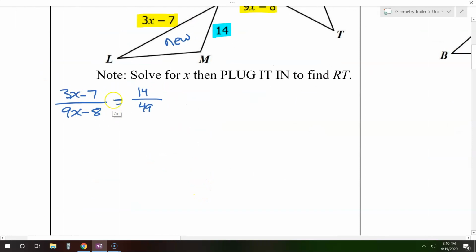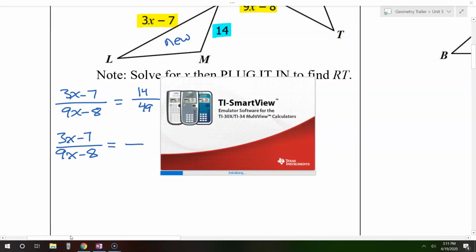All right, now it's time to cross multiply. I'm going to do something I usually don't do, which is reduce this fraction. This is actually a step that I like to do, but I can't get my students to do it. So I stopped doing it in my videos. But look, I still recommend it. 14 over 49.